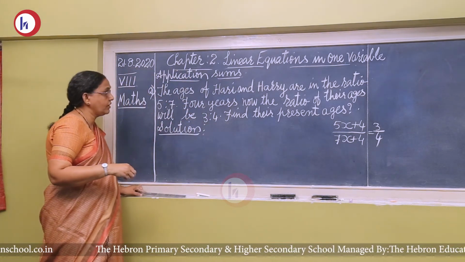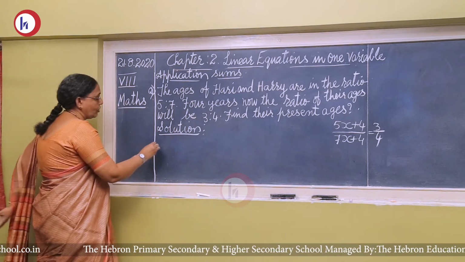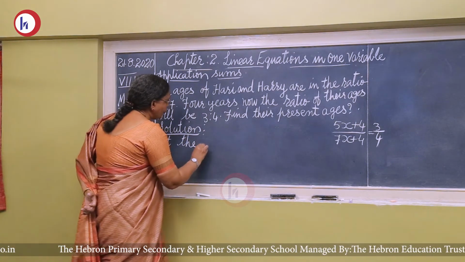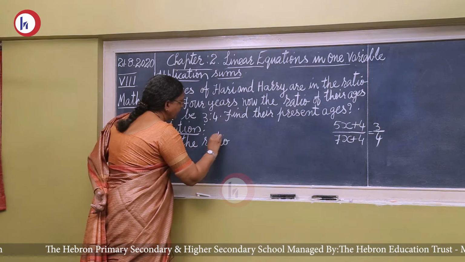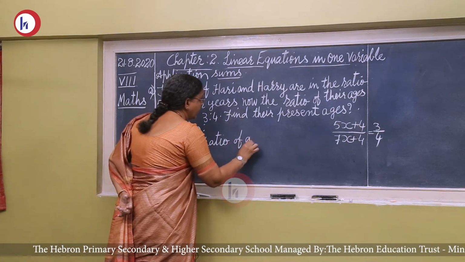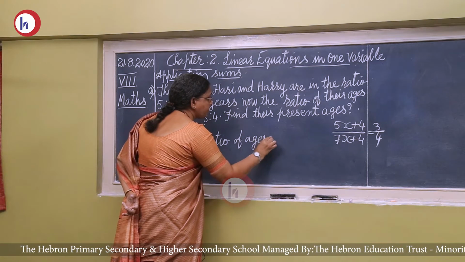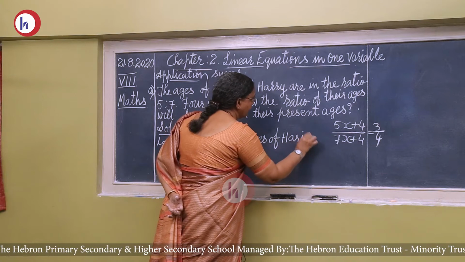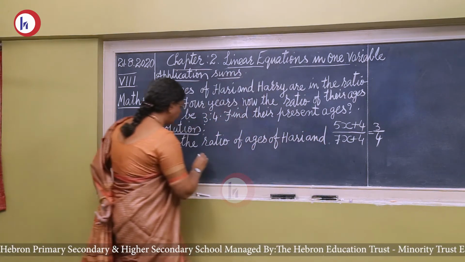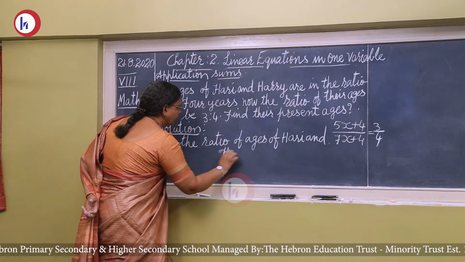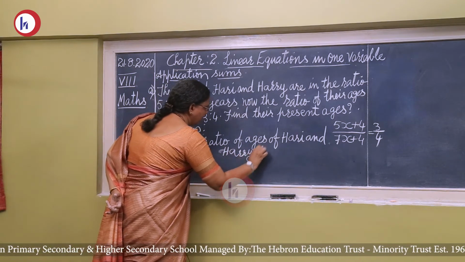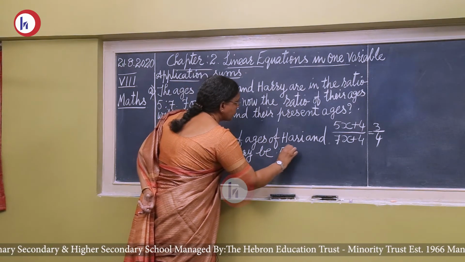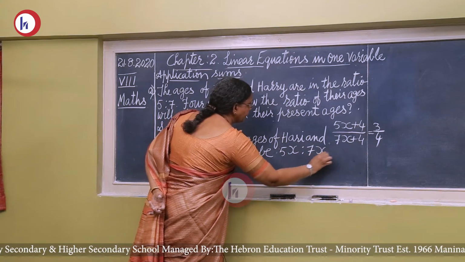So first we have to write all the statements. So let the ratio of the ages of Heidi and Harry be 5x and 7x.